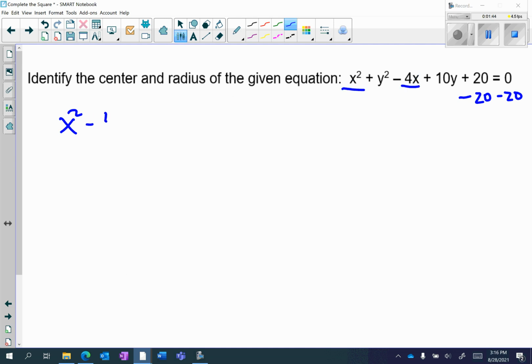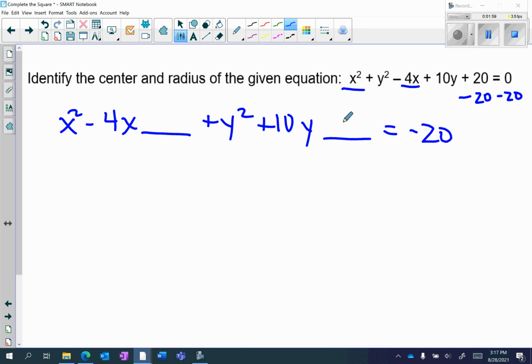So I'm going to move minus 4x, and then I'm going to leave a space, plus y squared plus 10y, leave a space, is equal to negative 20. And you see I have two spaces on the left. I'm also going to have two spaces on the right.